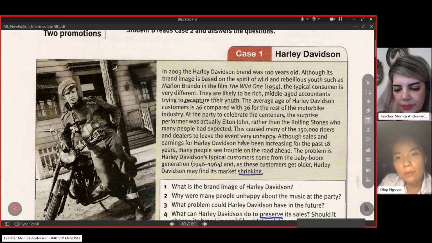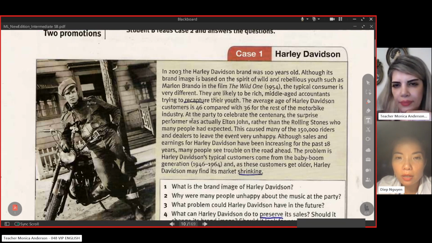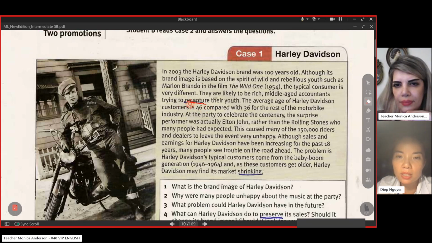They are likely to be rich, middle-aged accountants trying to recapture their youth. The average age of a Harley-Davidson customer is 46, compared with 36 for the rest of the motorbike industry.